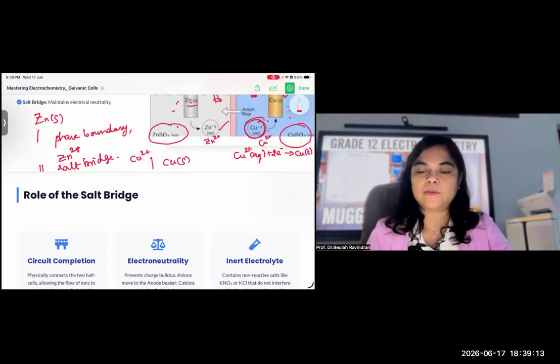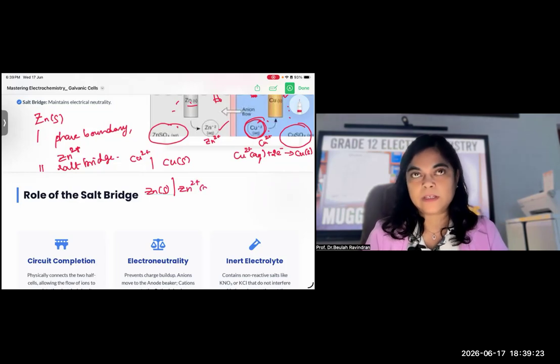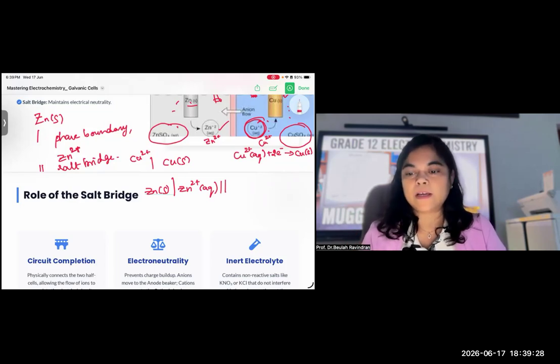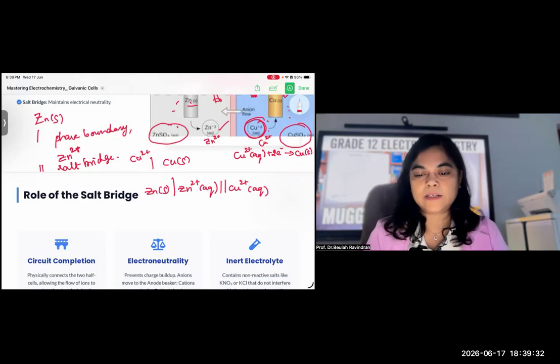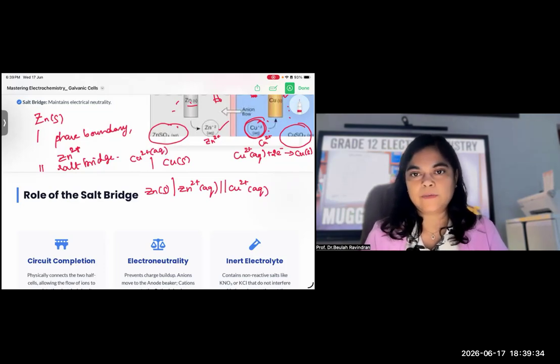So zinc solid, single vertical line, then zinc 2 plus aqueous. Then for the salt bridge, double vertical line, and copper 2 plus aqueous, then single vertical line, copper solid.